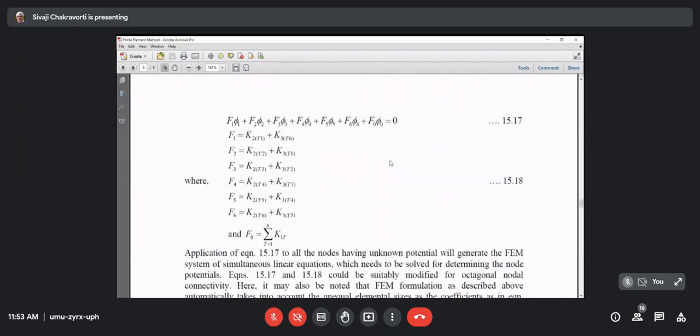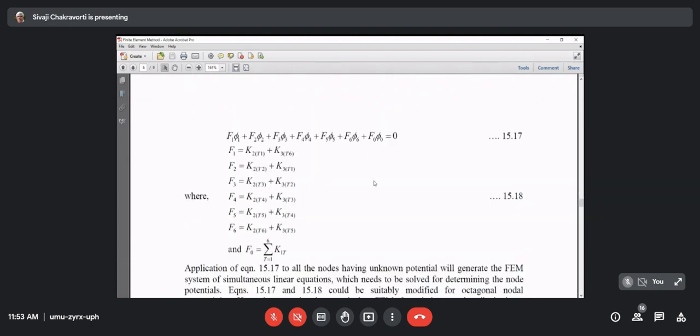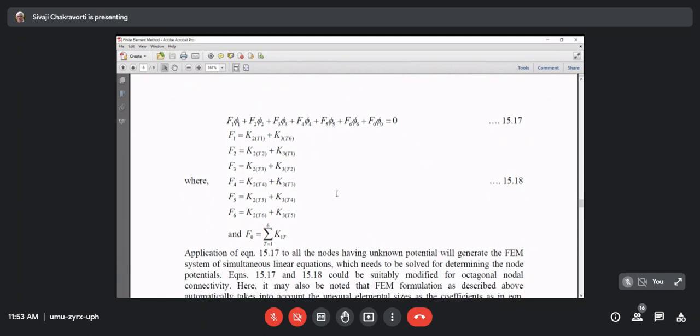Therefore, finally, based on the connectivity, I have the equation 15.17, which is also a linear equation, and it involves a scalar quantity, that is electric potential.